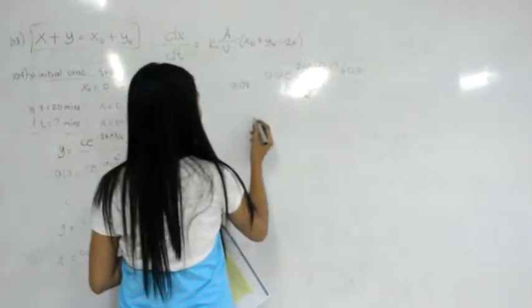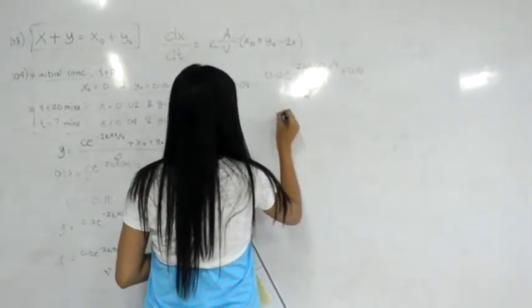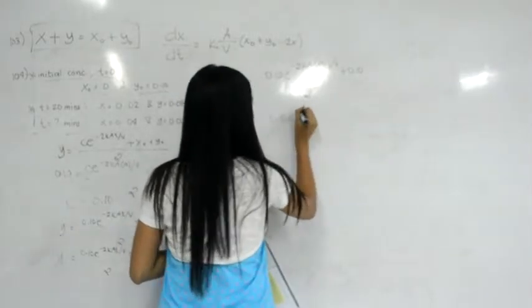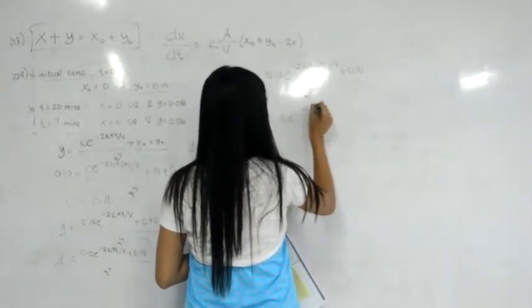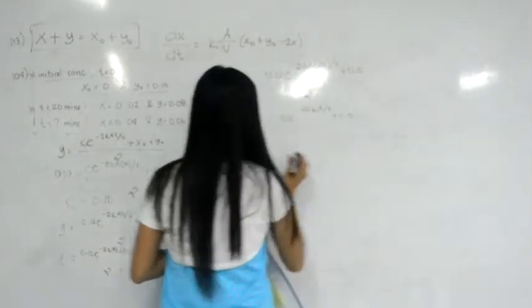So 0.16 is equal to 0.10 e to the negative 40 k a over v plus 0.10.